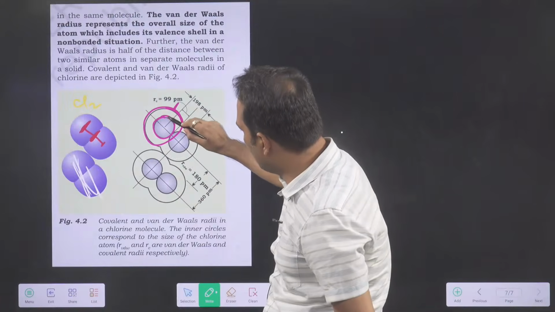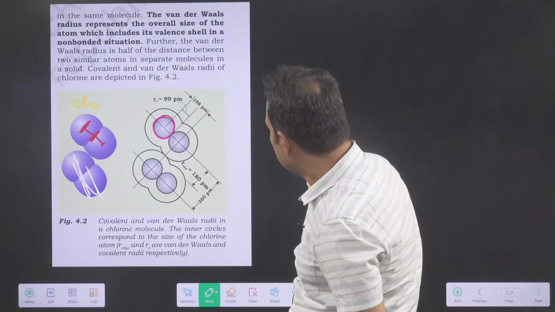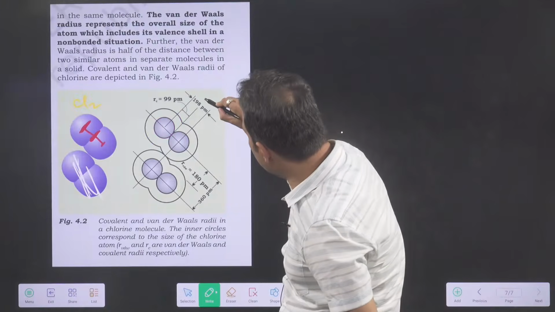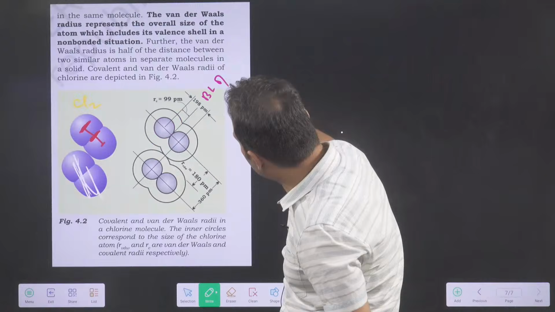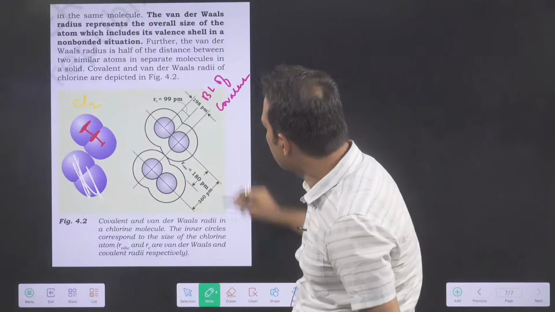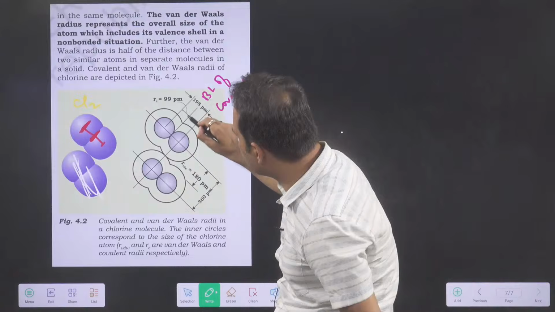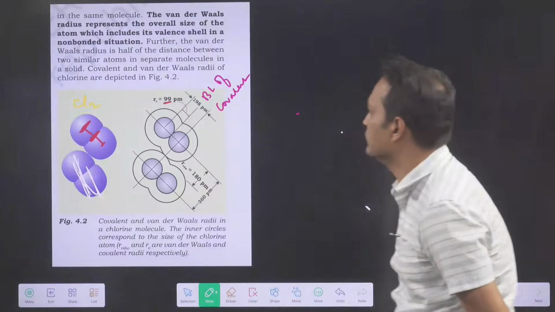Valence shell, core part. Now you see here carefully, they have found this bond length, 198 picometer, is the bond length of the covalent bond, and its half is the radius, which is coming 99.